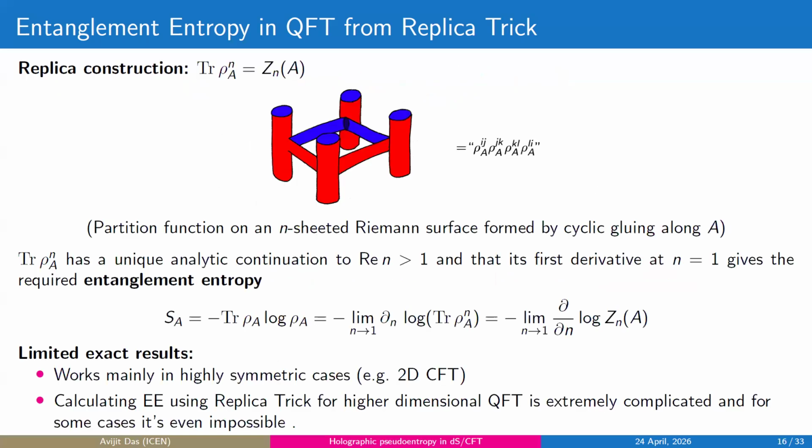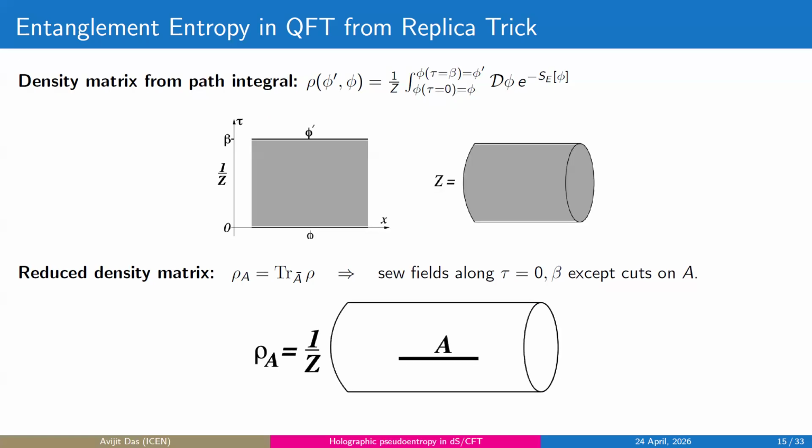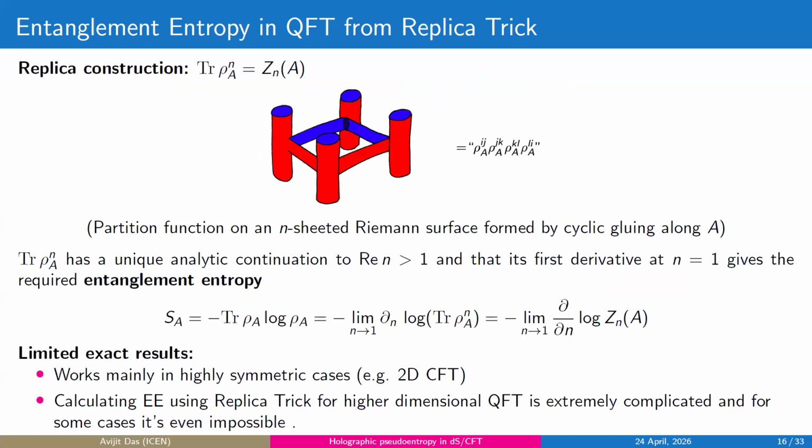And then for the replica trick, you basically glue them. You take n copies of this and glue them cyclically. You take one endpoint of A and glue with the other parts like this: i, j, j, k, k, l, cyclically.